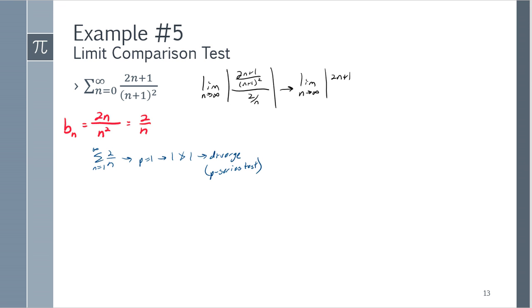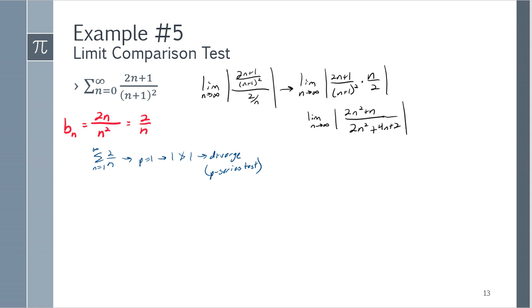So 2n plus 1 over n plus 1 squared times n over 2, which is the limit as n goes to infinity of 2n squared plus n over 2n squared plus 4n plus 2.